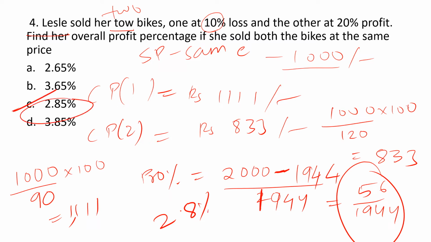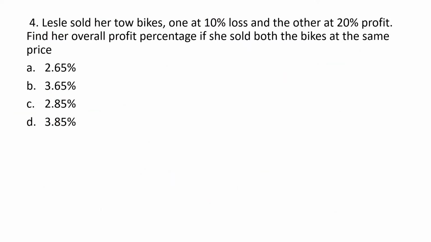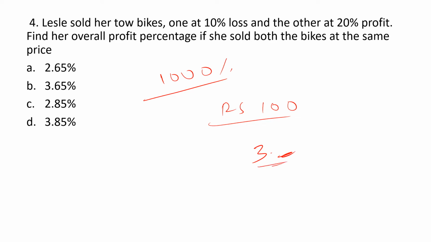This is the answer. But in the beginning I told you I considered 1000 rupees, but most of you might have tried it with 100 rupees, and you will definitely land with a different answer, around 3 point something. Why does it arise like this? Because the precision is very high. If you want 3-digit precision, you need to take 1000 rupees.